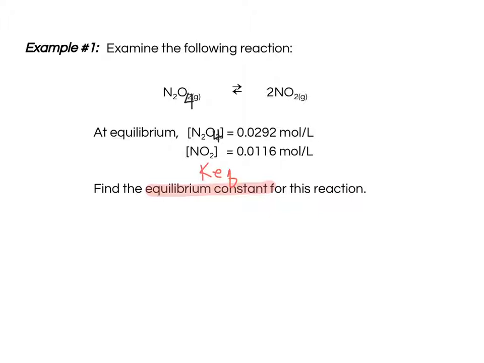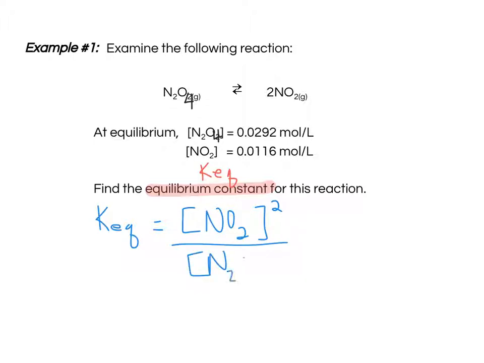Okay, so I know that my equilibrium constant for any reaction is going to be the concentration of my products raised to the exponent of their coefficient. So NO2 in this case squared, and divided by that of the reactant. So in this case I have N2O4. And so there's my equilibrium law.